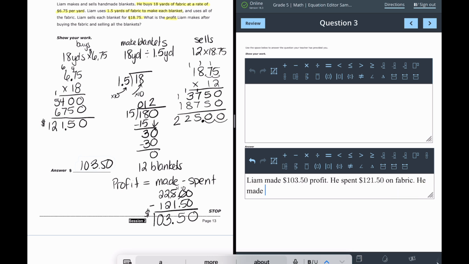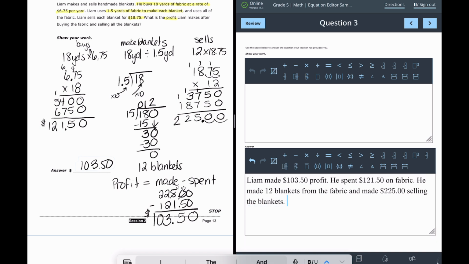He made 12 blankets from the fabric and made $225 selling the blankets. 225 minus 121.50 is $103.50 profit. All right, so that's just the final answer.